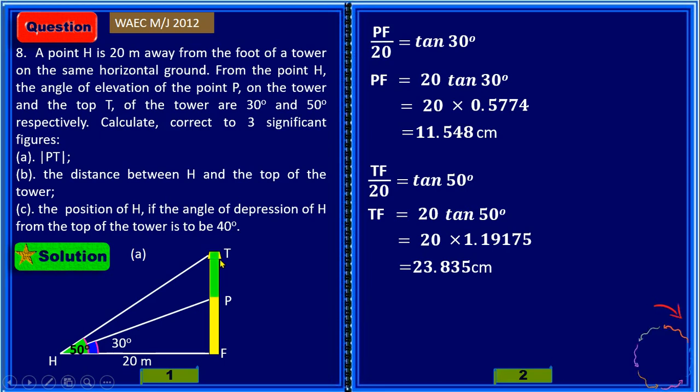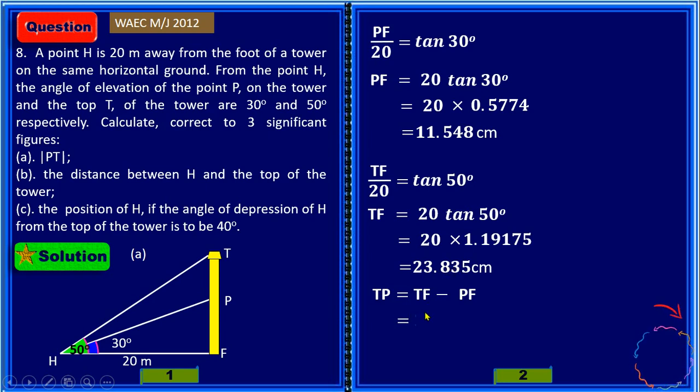Now, the difference between TF and PF is TP, and to find TP, we need to find the difference between them. So TP will be equal to TF minus PF. So now TF is this 23.835 centimeters.